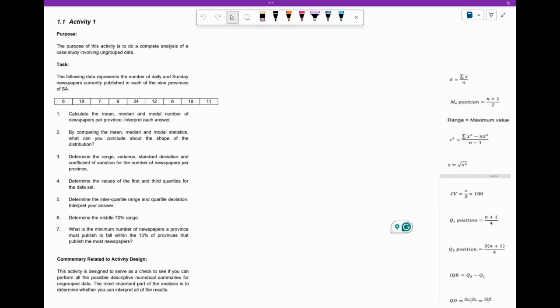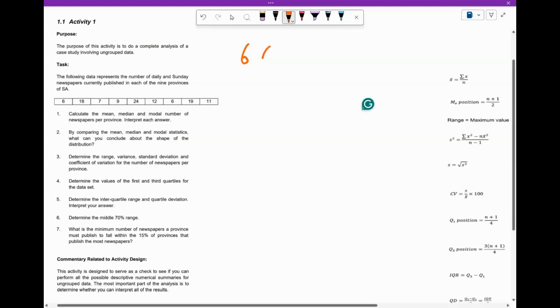So then we would say, okay, cool, 6. 6, yes, another 6, and then 7. What's the next one? 9, 11, 12, 16, and 24. Okay, so that's our data in order.